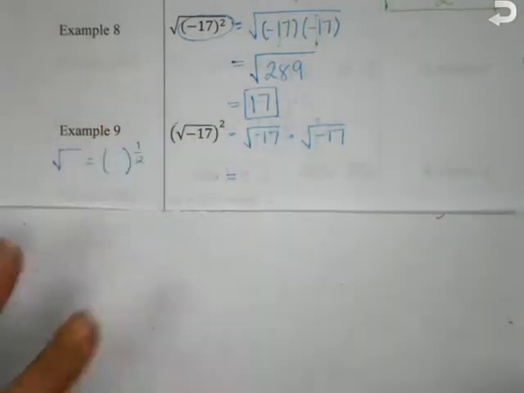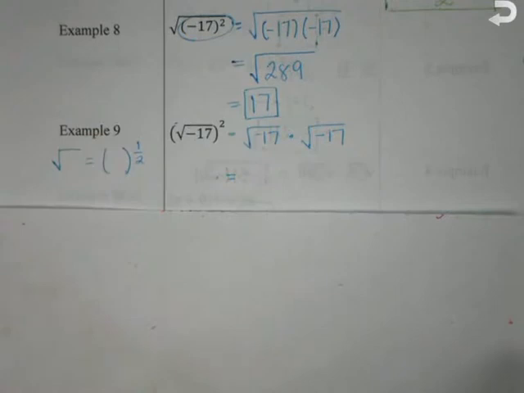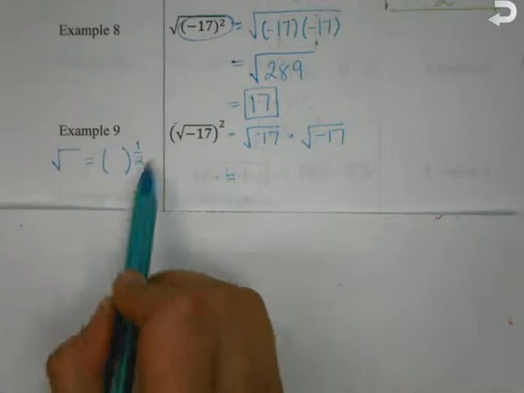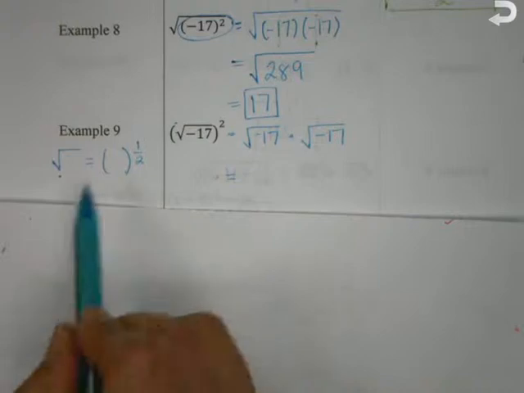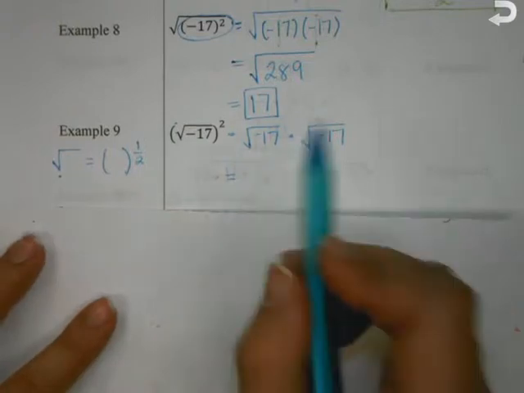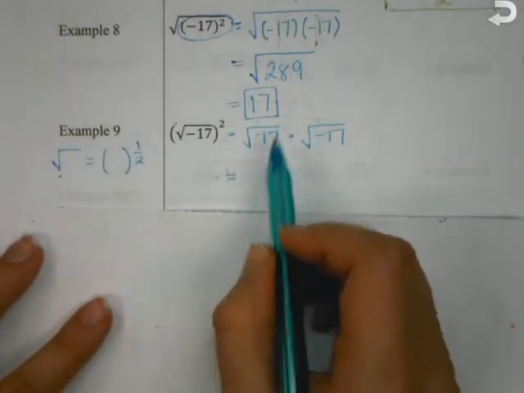Order of operations tells us we have to take care of the exponents first, which means I have to take care of these square roots. So I'm canceling each one out. Square root of negative 17 times square root of negative 17 gives me negative 17.